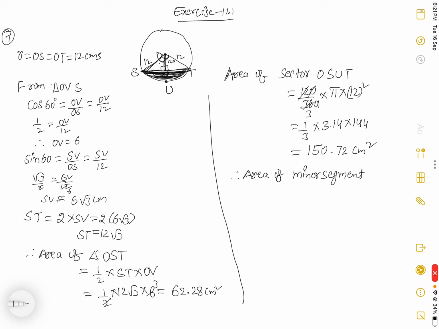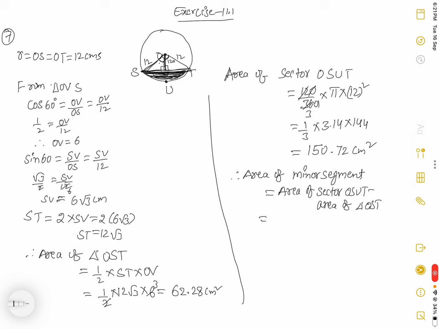Area of minor segment equals area of minor sector OSUT minus area of triangle OST.